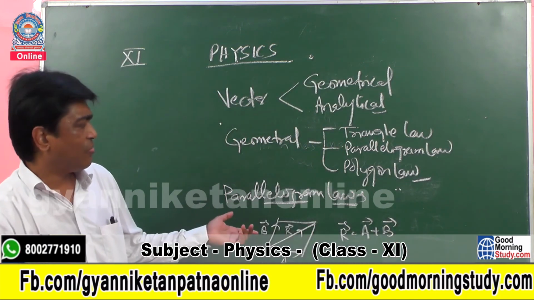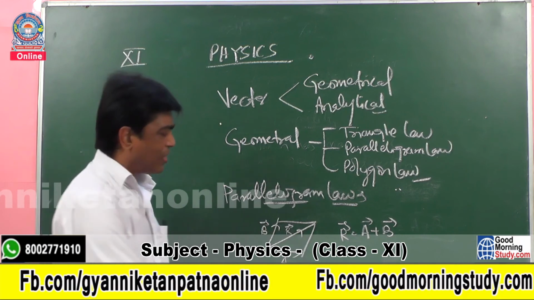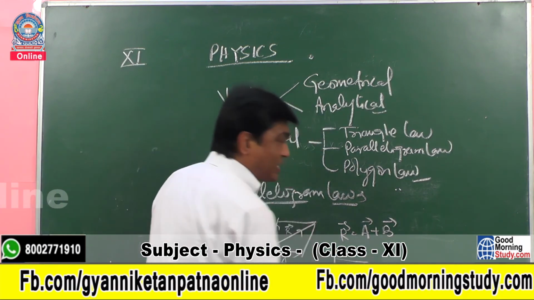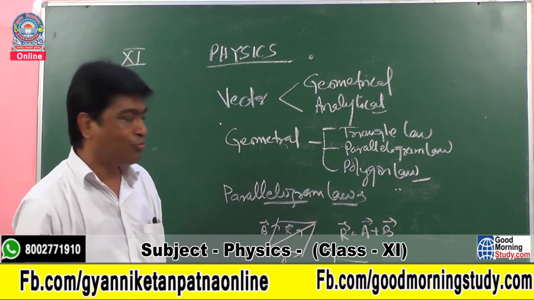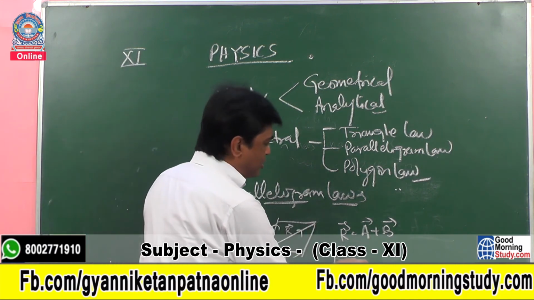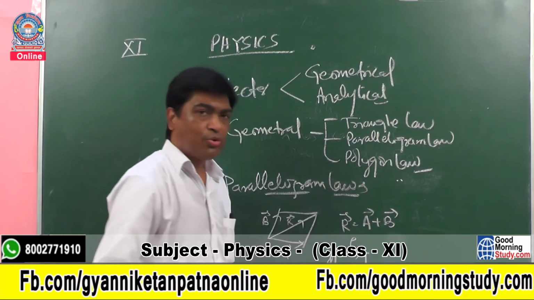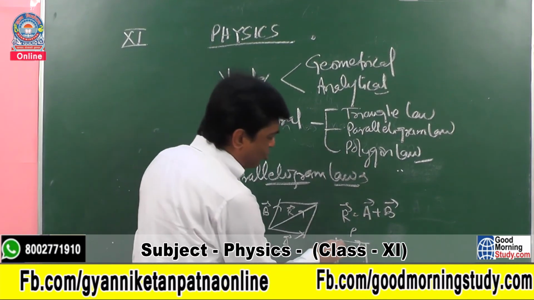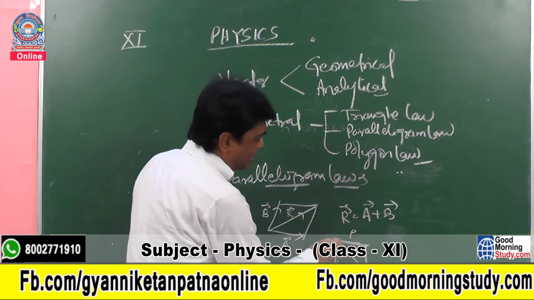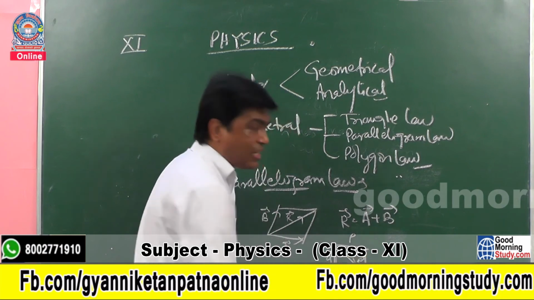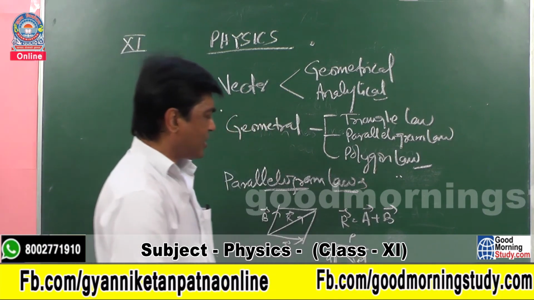You must understand what is parallelogram law. A parallelogram must be there, and whatever the two adjacent sides are, if they are represented by two vectors, let there be these two sides, this is your vector P and this is your vector Q, then the diagonal from their intersection will represent the resultant of these two vectors.